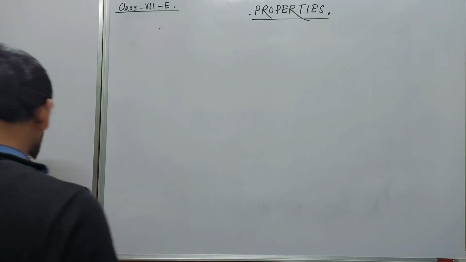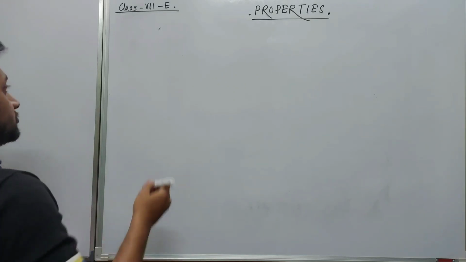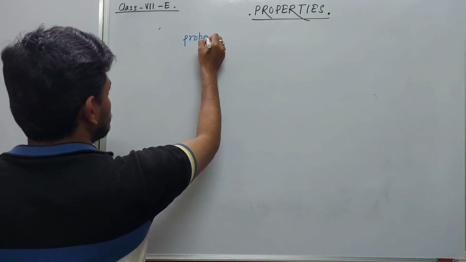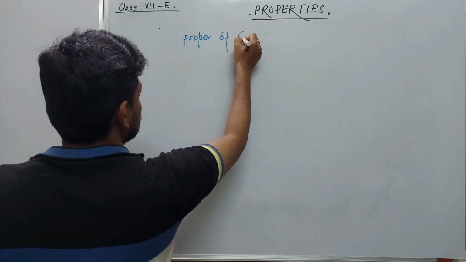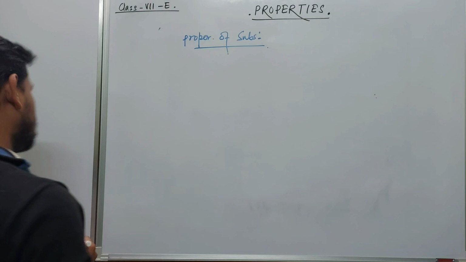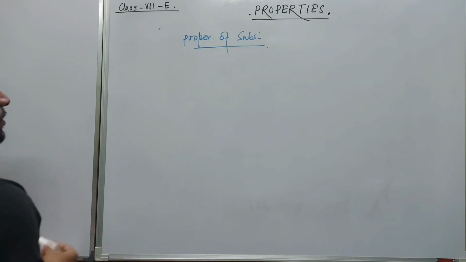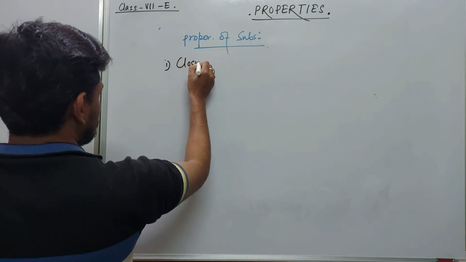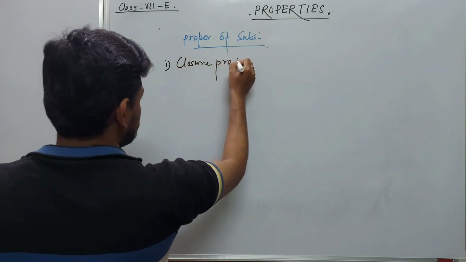Write down the heading, properties of subtraction. First property, closure property. Number 1, closure property.